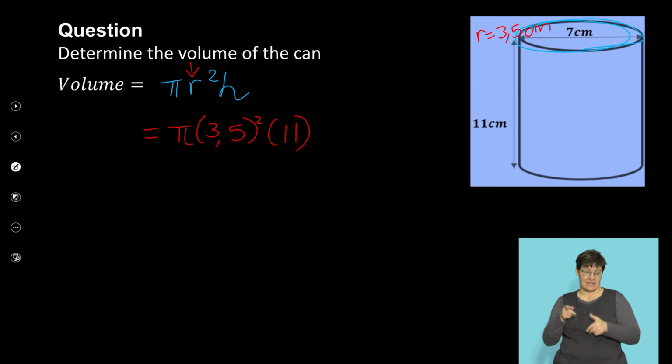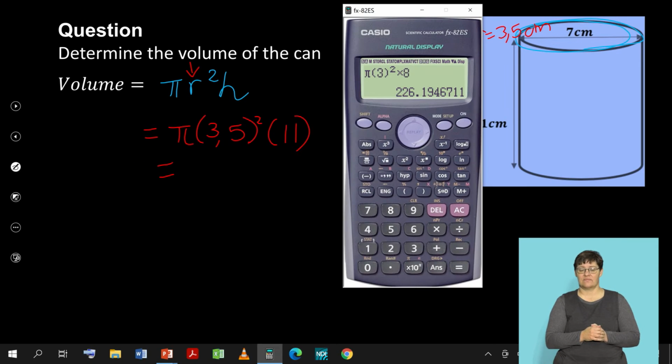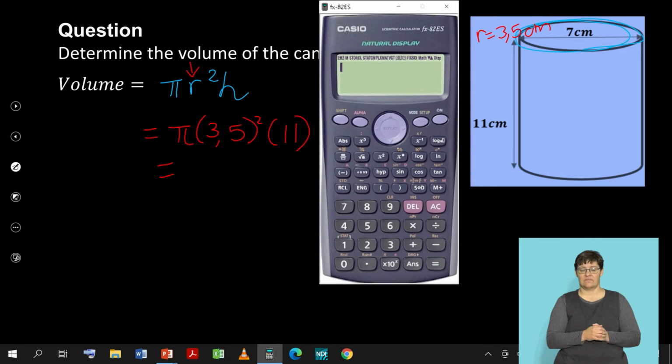Great, so let us pop this in our calculator. So we're going to type in pi times 3,5 squared multiplied by 11, which is going to give me 539 over 4 pi.